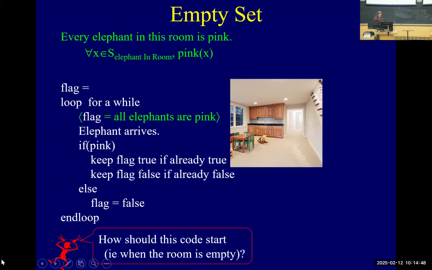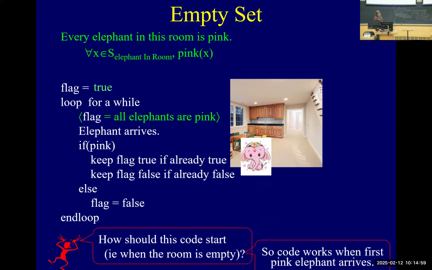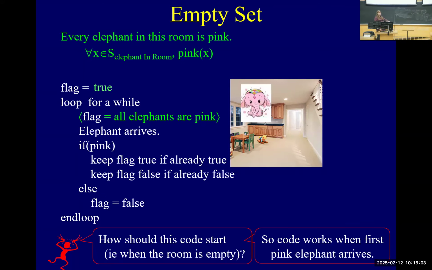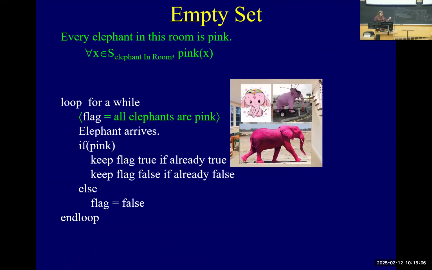Yeah, we do, because if we set the flag that they're not all pink, then we're going to crash out of this loop. That's again just sort of arguing. Everybody good with that? This is going to come up when you're doing iterative algorithms and recursive algorithms, so it's good to know.